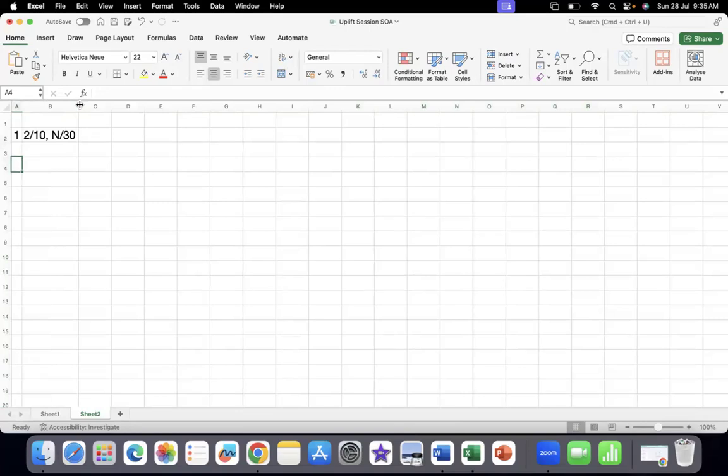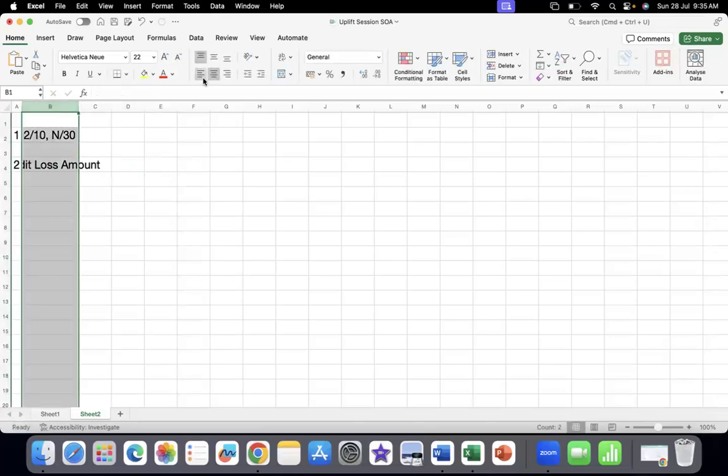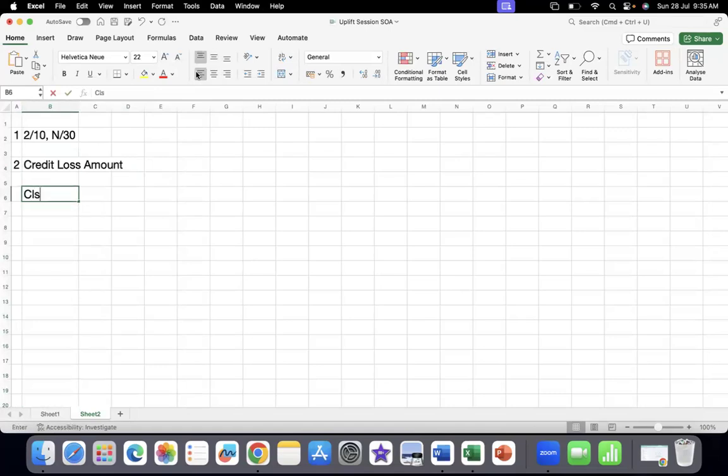But the most important thing which is very relevant for you in your examinations is how to determine the credit loss amount, what is your closing balance of allowance, what is the collection, and what is your credit loss expense.